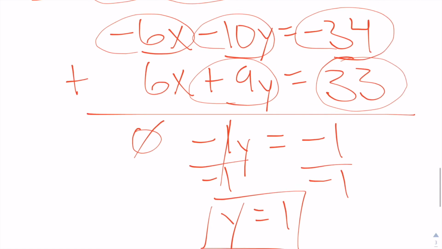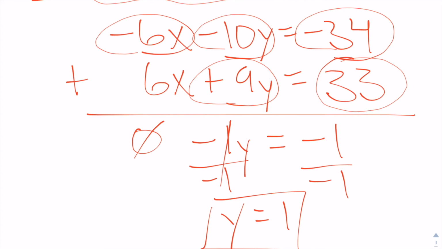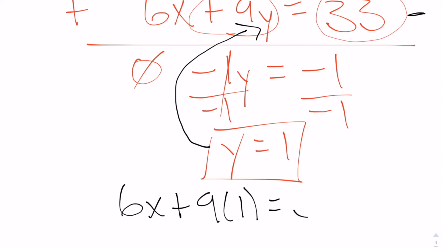So there's our y. And just like before, let's plug it back in. Let's plug it into the bottom equation this time, okay? So we have 6x plus 9 times 1 equals 33.